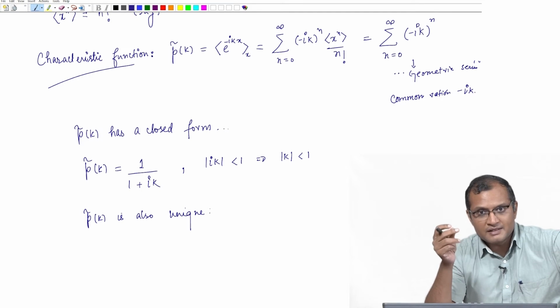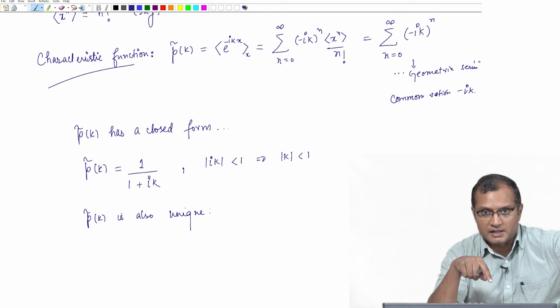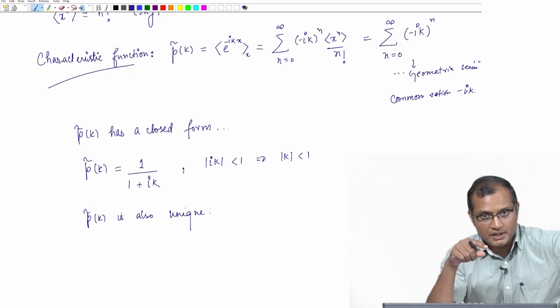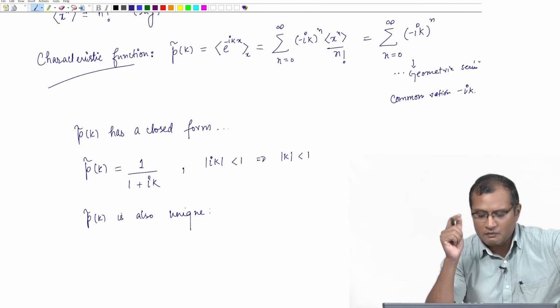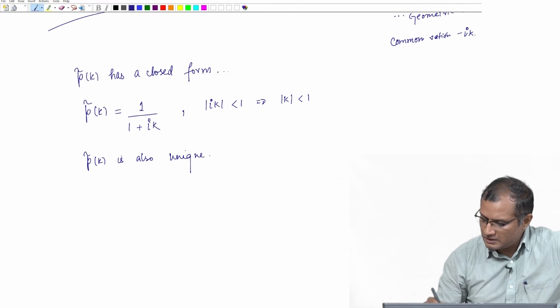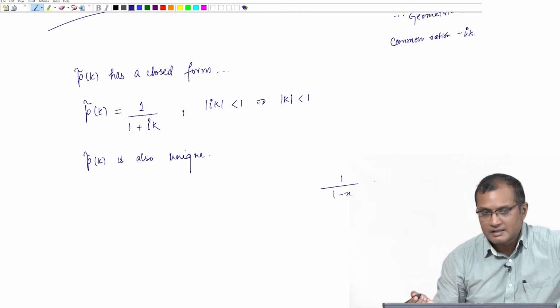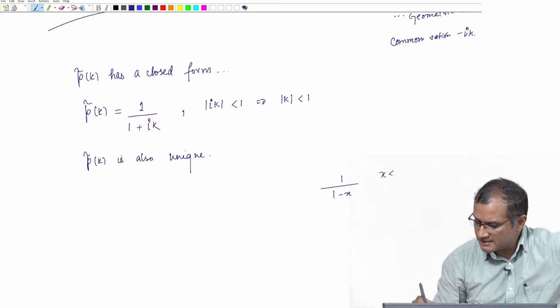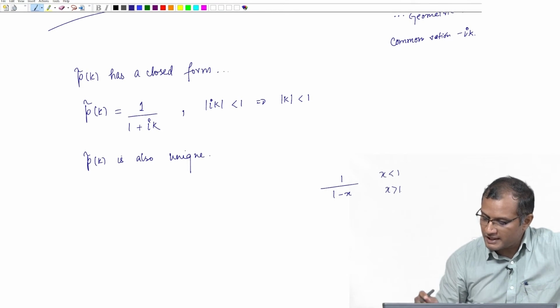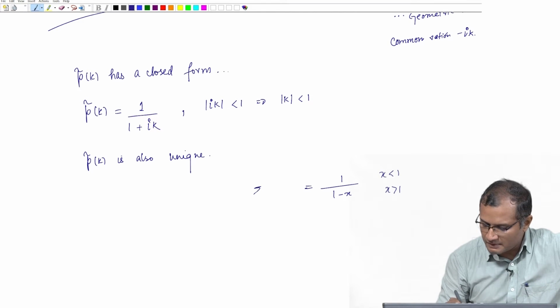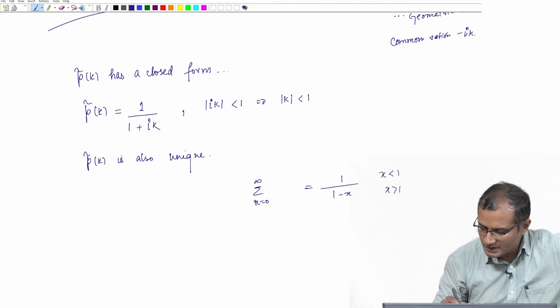It is a geometric series that converges to 1 upon 1 plus I k. Okay. P of k applies everywhere. It is like saying 1 upon 1 minus x. This exists for both x less than 1 or x greater than 1. Okay. For x less than 1, it has a form which is the summation n going from 0 to infinity of x to the power n.